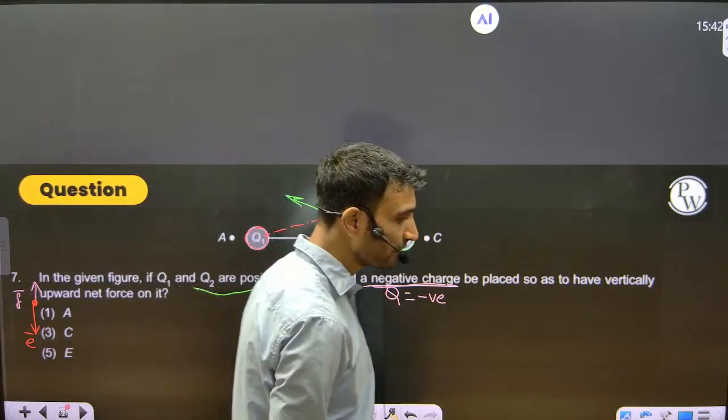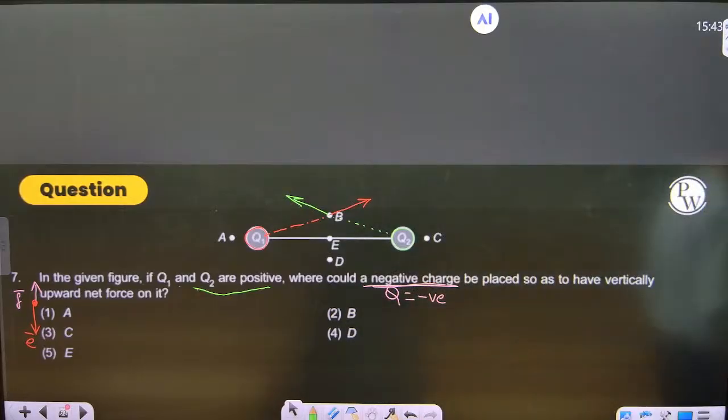Now think, where will the net electric field be, in which direction? Upward or downward?